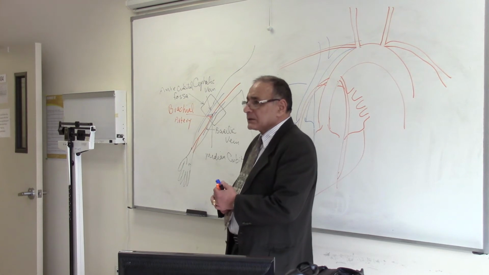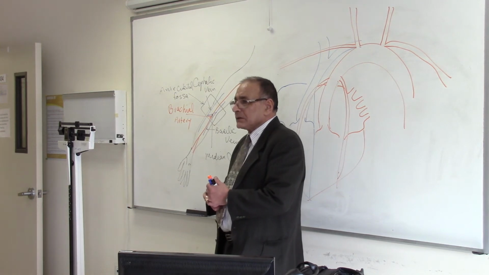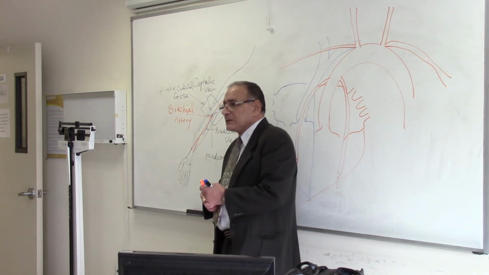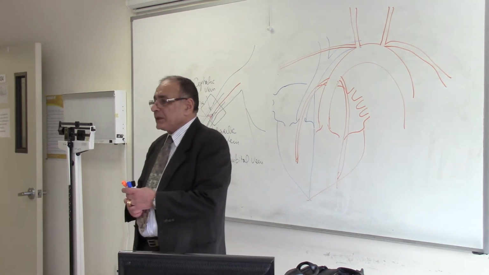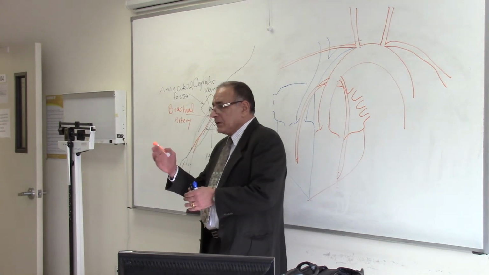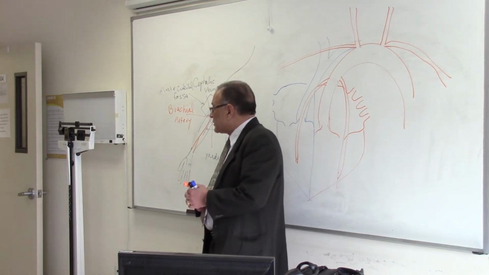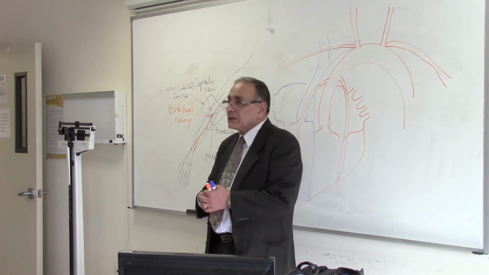What does the suffix itis mean? Inflammation. Phlebo means vein. Inflammation of the vein. That is a complication. So thrombophlebitis means inflammation with thrombus formation, or thrombus formation on top of the inflamed veins. Is that clear?